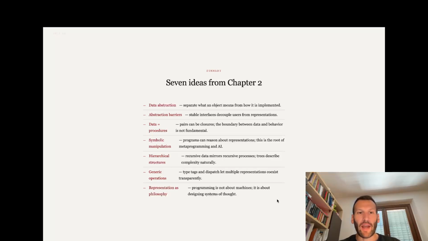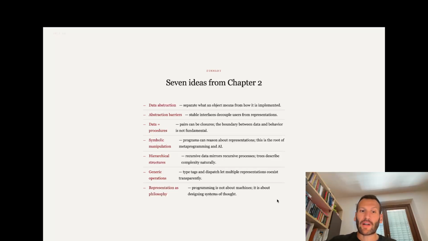Third, data equals procedures: pairs can be closures and the boundary between data and behavior is not fundamental. Fourth, symbolic manipulation: programs can reason about representations, and this is the root of metaprogramming and AI.